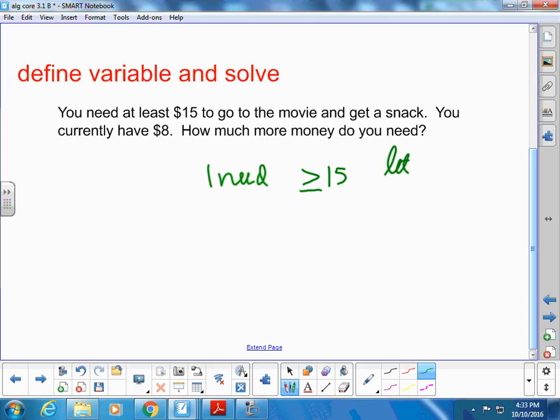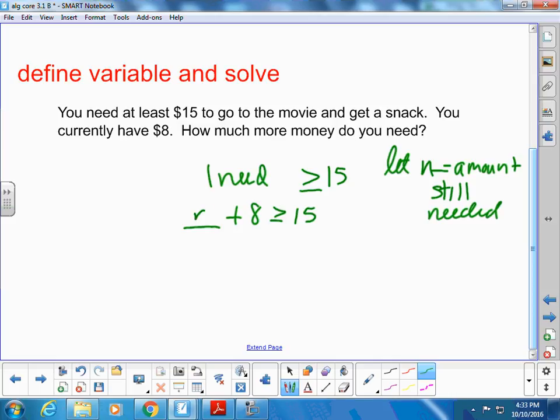So let N equal the amount still needed. I already have $8. So whatever I need plus $8 has to be greater than or equal to 15.